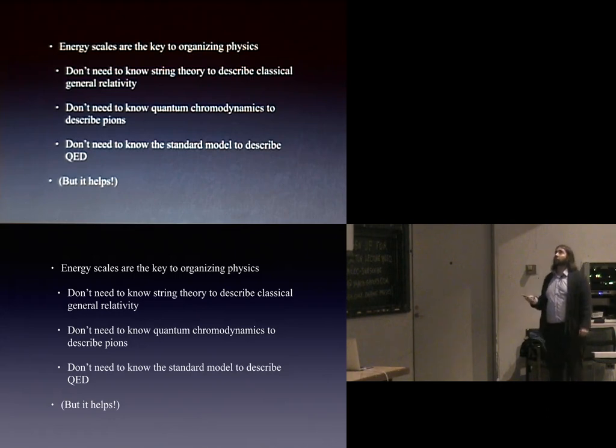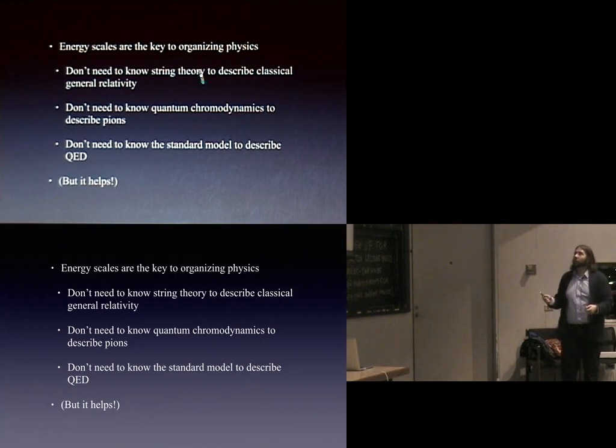So you don't need to know string theory to describe classical general relativity, even though we've all been told that string theory is the grand unified theory of quantum gravity, but you don't need to know it. You just need to know GR. If you're looking at things at astronomical scales, you don't have to care about what quantum gravity is, unless you're worried about black holes evaporating or something like that.